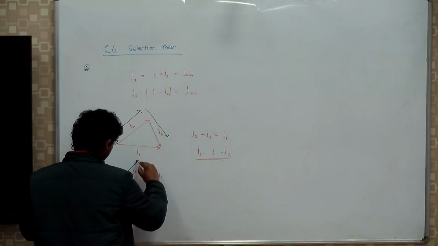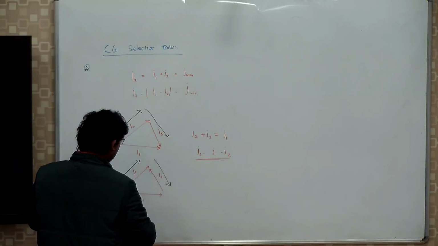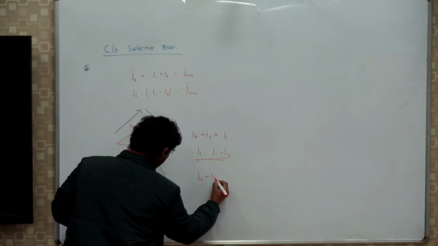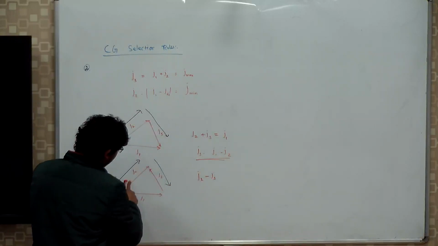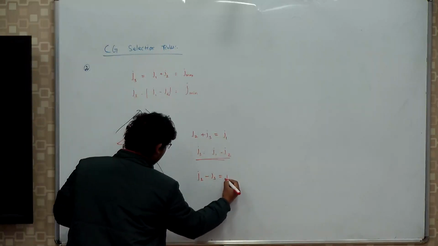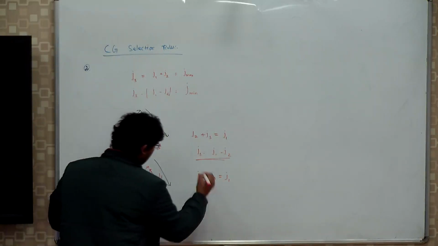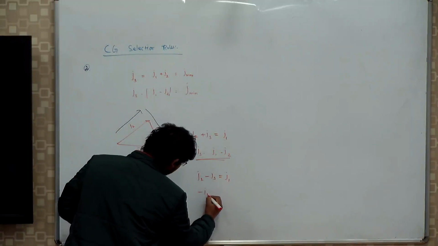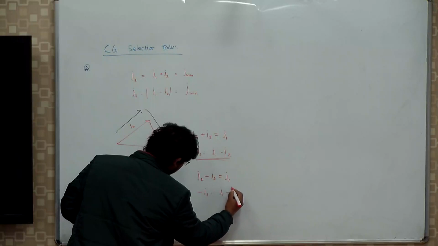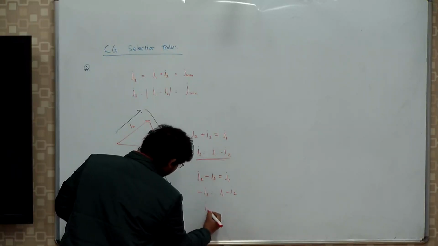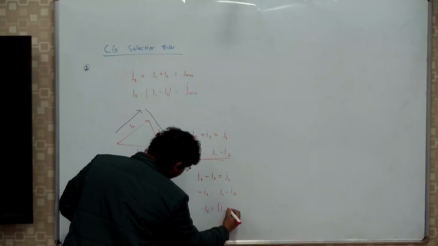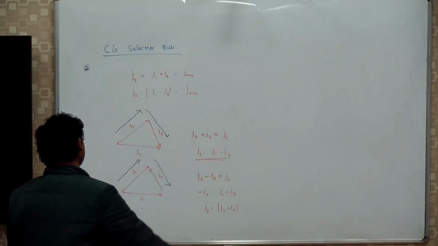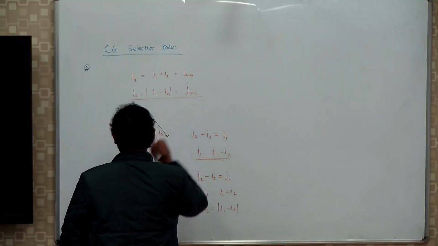If you move again this way, then the equation can be written J2 minus J3, because it is opposite to this one, so you will get J1. In other words, we can write minus J3 equal to J1 minus J2, or in this case J3 equal to the modulus of J1 minus J2. So that is the condition for getting the J minimum.